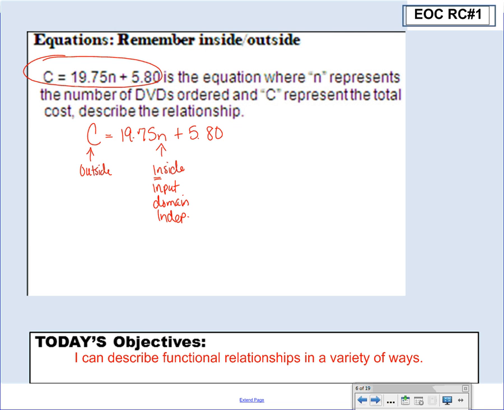This is where the IN comes in. So outside would be our output, which is also our range, and also our dependent. And the way that the questions are asked is that we can see that C depends on, because that equal sign tells us it depends on N.